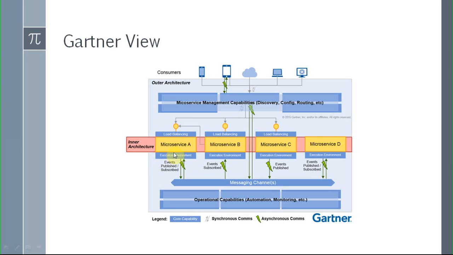And here you may have, for example, Java using the JVM, Java Virtual Machine, as an execution environment, or in another microservice you may have, for example, Erlang using the Erlang virtual machine.